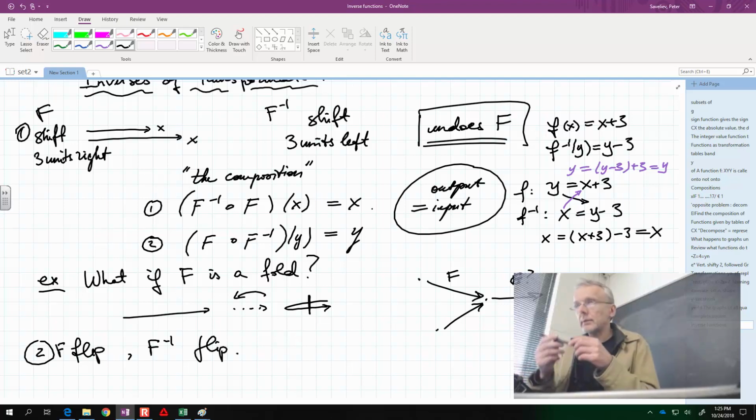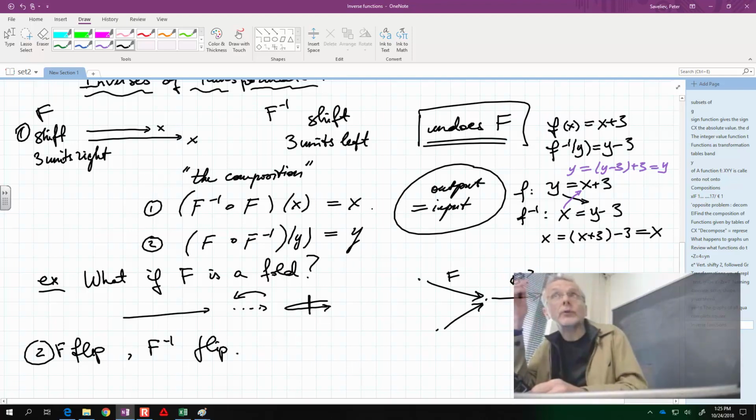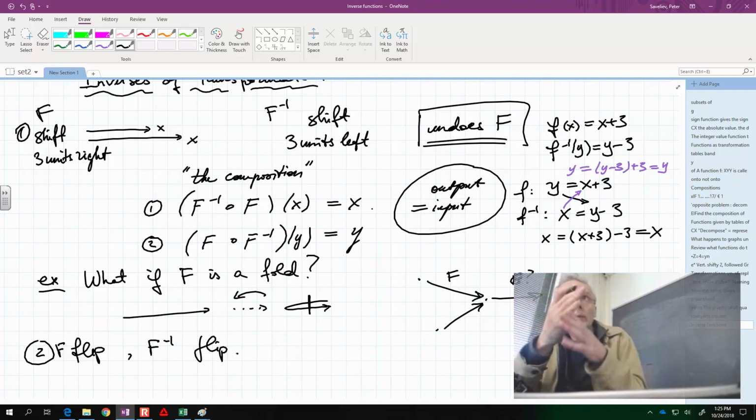Right. But if you have a piece of paper and you are to describe what needs to be done to two people, one will be executing F and the other one will be executing F inverse. You'll tell them the same instructions: flip the piece of paper. The first person flips the piece of paper.